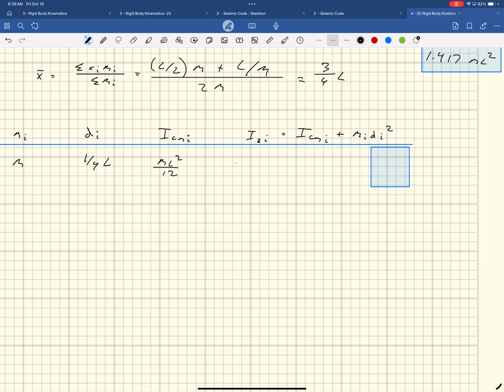So it's ml squared all over 12 plus m times 1/4 L squared, and this ends up being 7/48 ml squared.